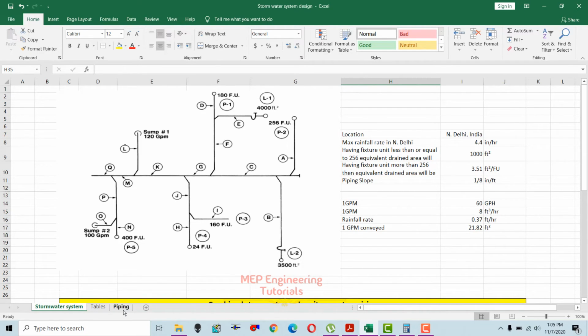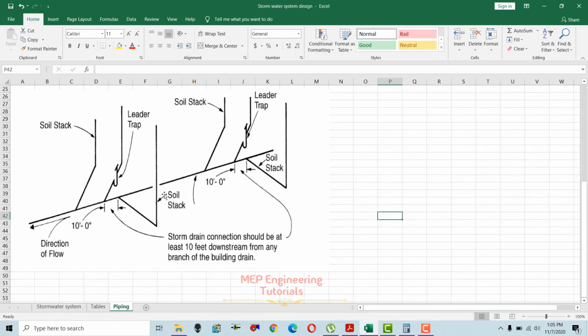So let me go to the piping section and explain here. This is the combined stormwater and sanitary drainage system. This is the soil stack pipe, this is the runout from the stack, and this is the main combined storm and drainage pipe. And this is the leader pipe for the storm water, and there we have a trap, and then we have a horizontal pipe in here.